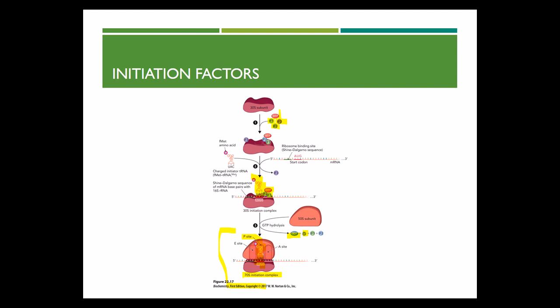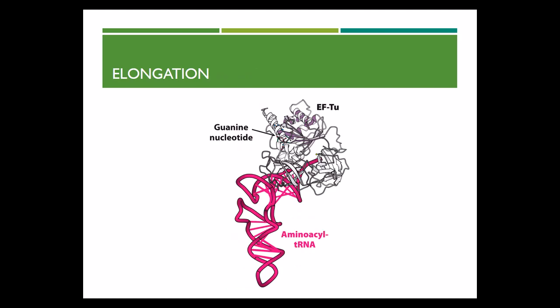Then after this, all subsequent transfer RNAs are going to come into the A site first, and then they'll move into the next sites. So initiation is now complete with the formyl methionine in the P site of the ribosome.